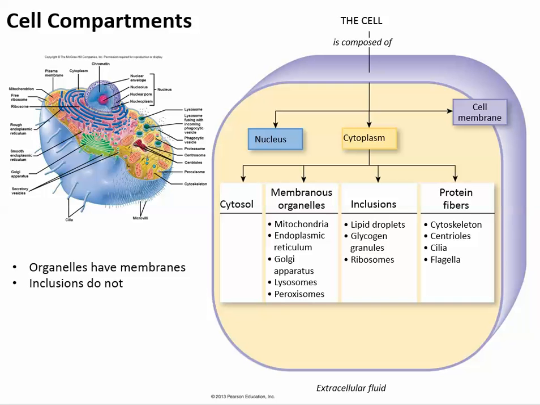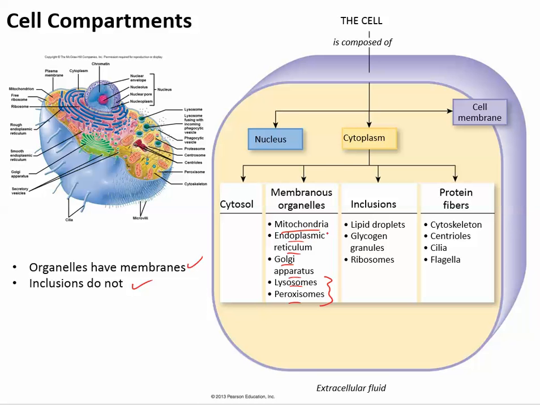So if we break these down, this is the difference here, organelles versus inclusions. Organelles have membranes, so the mitochondria, the endoplasmic reticulum, the Golgi apparatus, lysosomes, peroxisomes, these are just the digestive system of the cell.